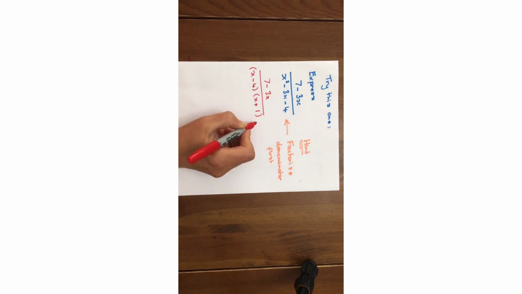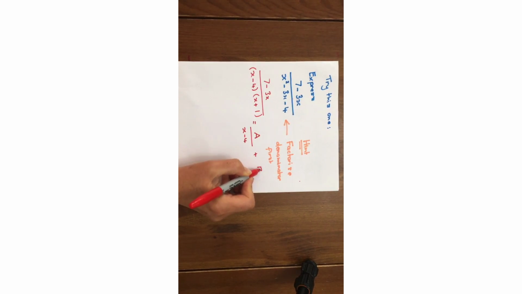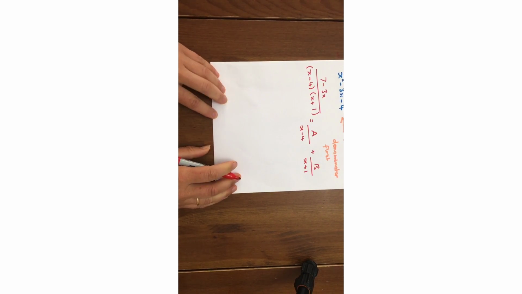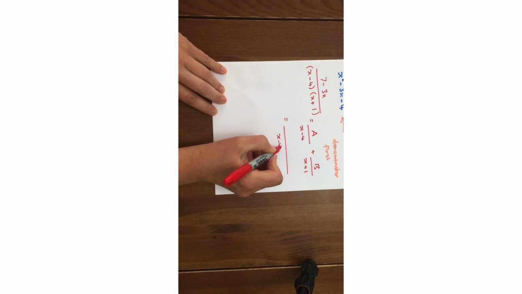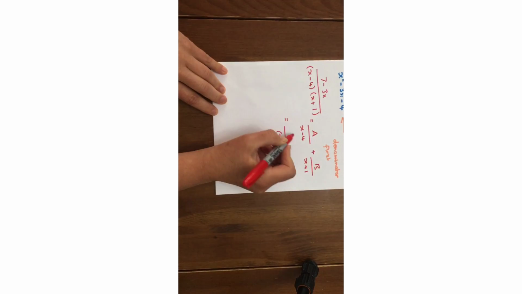Okay, so I'm going to then put that to be a over my one factor on the bottom plus b over my other factor on the bottom. Okay, now I am going to put this over a common denominator, which would be the same as my original denominator.